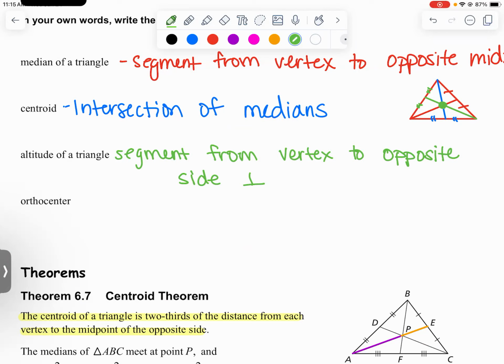Okay, if we're talking about going from a point to a segment, which we would be here, we need it to be perpendicular. So if I draw a triangle, and if I'm going to draw an altitude, I'm drawing from the vertex to the opposite side, making a 90-degree angle.